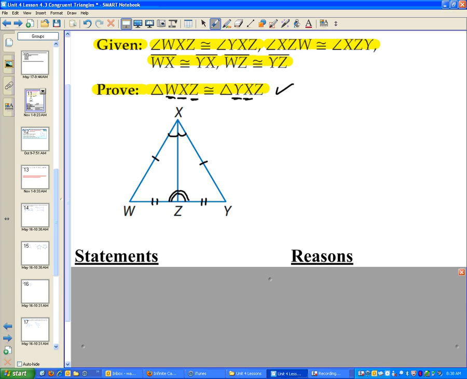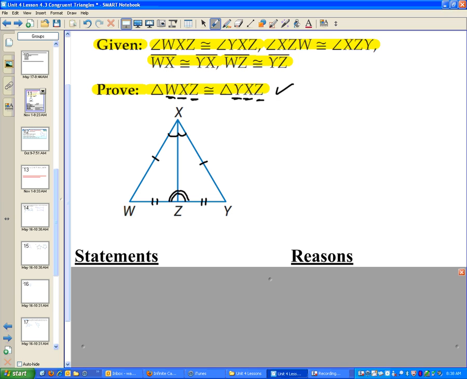And the angle Z in the triangle on the left corresponds to the angle Z in the triangle on the right. Then I can tell segments as well. Segment WX corresponds to segment YX. Segment XZ corresponds to segment XZ. Who would have thought that a segment would be congruent to itself? Segment WZ corresponds to segment YZ. So I need to keep all that in mind. I have to match everything up correctly, don't I?